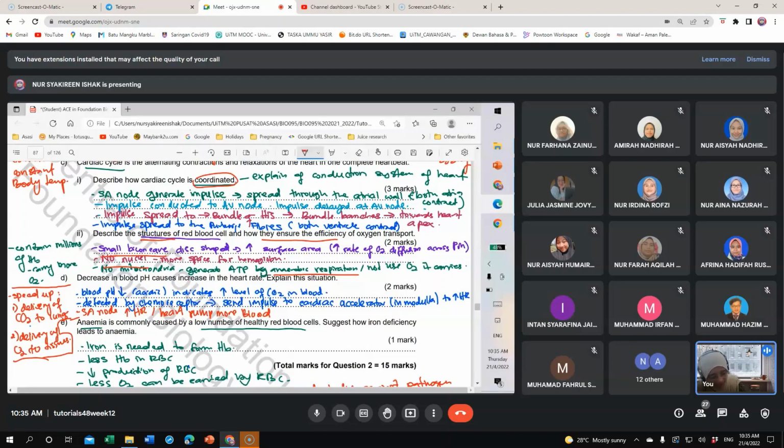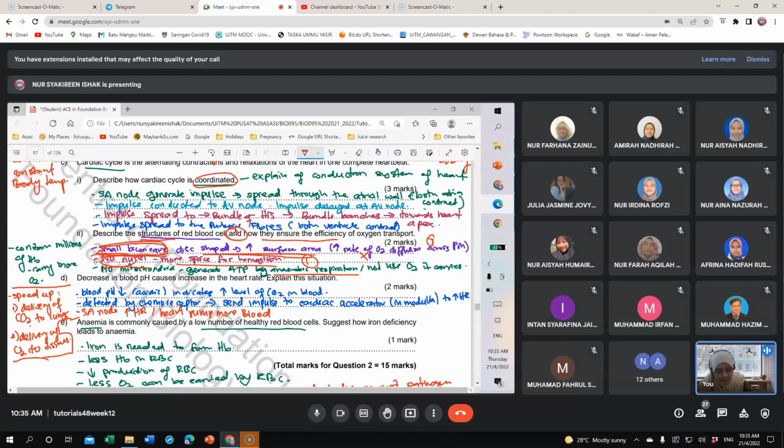Feature and explanation, 1 mark. Feature and explanation, 1 mark. Kalau bagi feature saja without explanation, no mark. Sebab dia suruh and. Nampak? Dan. Structure dan macam mana structure tu contribute kepada efficiency of oxygen transport.